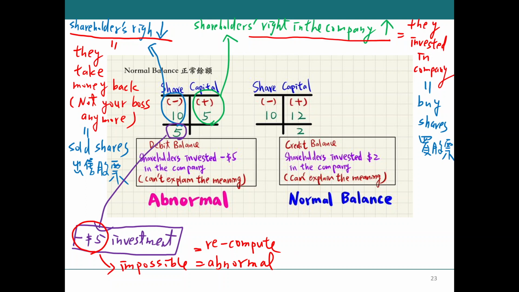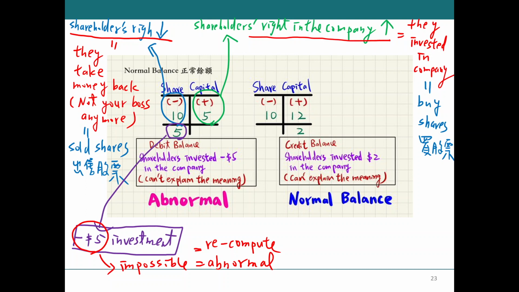How about case 2? It makes sense, right? At the beginning, your shareholders put $12 in your company, invest $12. Later, they take $10 back, right? So in the end, they still have $2. They still invested $2 in your company.